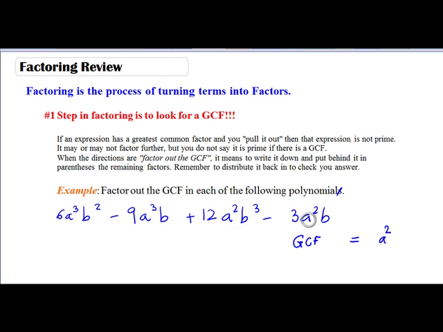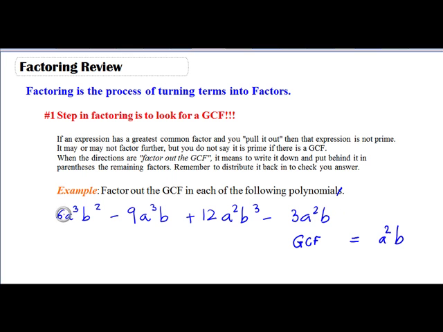So A squared is the lowest exponent, so that will be your common factor of A. Then B is also the common factor, so I pull out a B. And the smallest exponent is B to the first power, which is B.